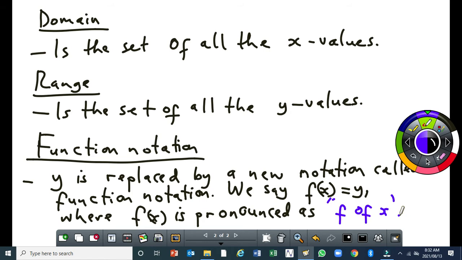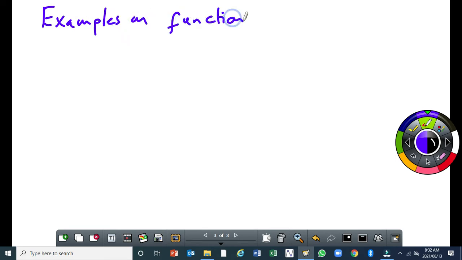You also need to know what a function itself is. If you are curious, when you see a person saying function, you need to ask yourself, what is this? It is just a mathematical relationship. So, examples on function notation.